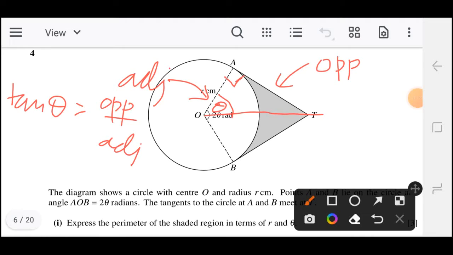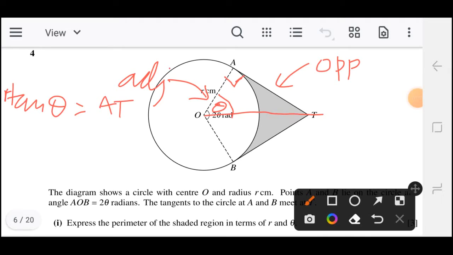Putting the actual letters there, our opposite is the distance AT. Our adjacent is R. So in other words, AT equals R tan theta.